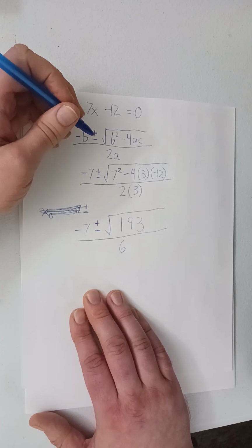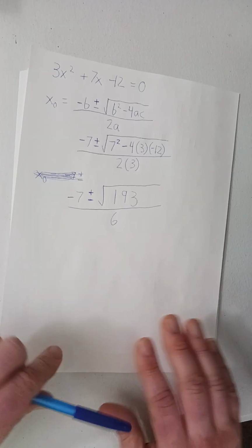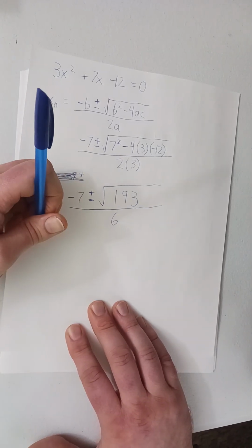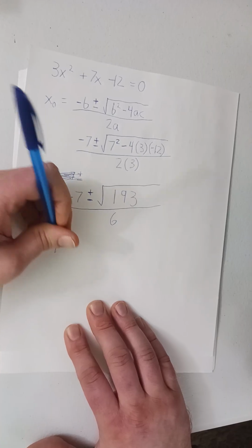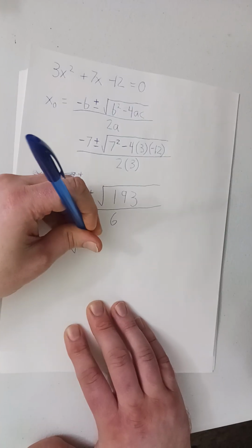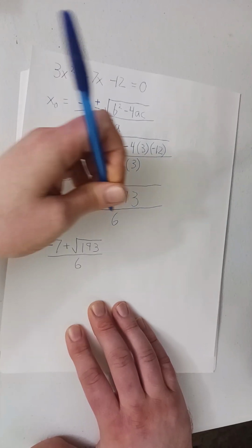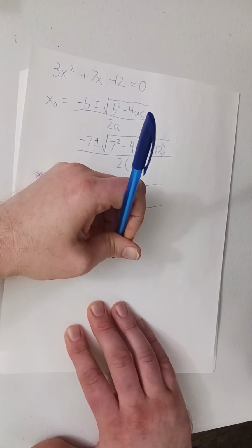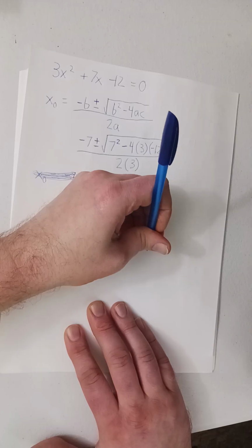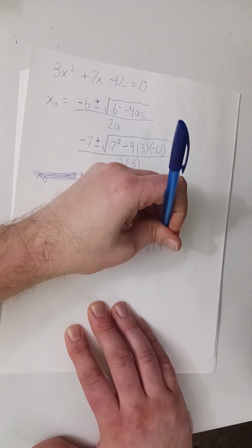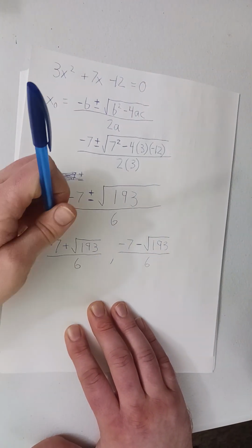Now, you can use a calculator for this, but this is what it would look like. It's going to be negative 7 plus the square root of 193 over 6, or negative 7 minus the square root of 193 divided by 6. So the difference between them is plus or minus.